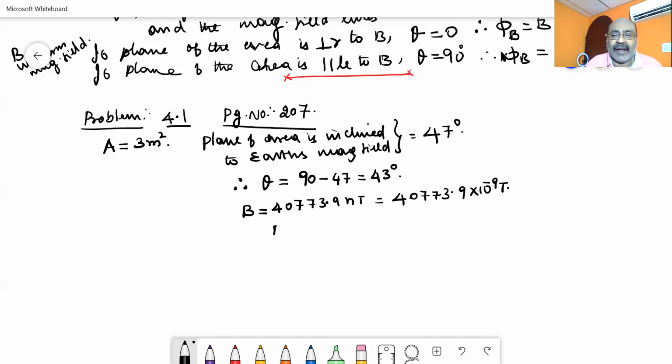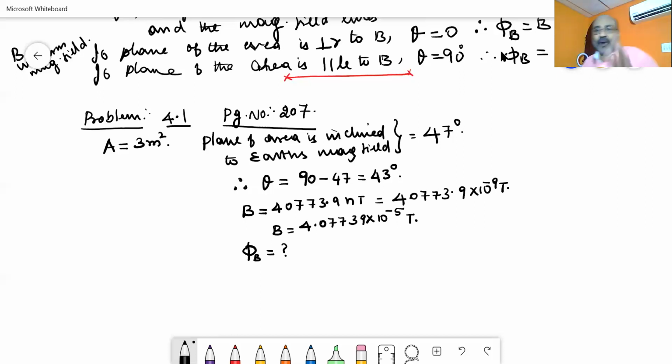You take this as 4.07739 into 10 to the power of minus 5 Tesla, which is the data given. What is asked: find the magnetic flux linked with that antenna.